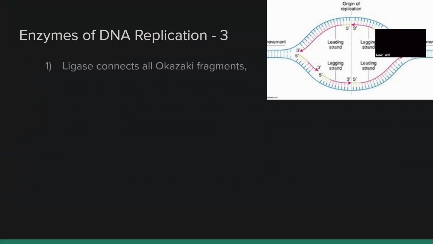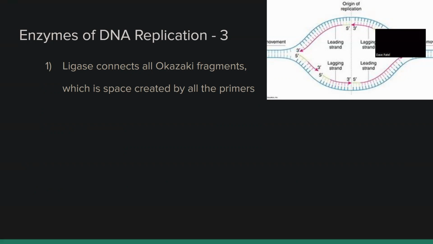More enzymes, how fun. On the lagging strand, you have ligase, which is basically going to connect all of the Okazaki fragments together. The Okazaki fragments are pretty much what all those separate RNA primers were turned into after they were synthesized into complementary base pairs by DNA polymerases 1 and 3.